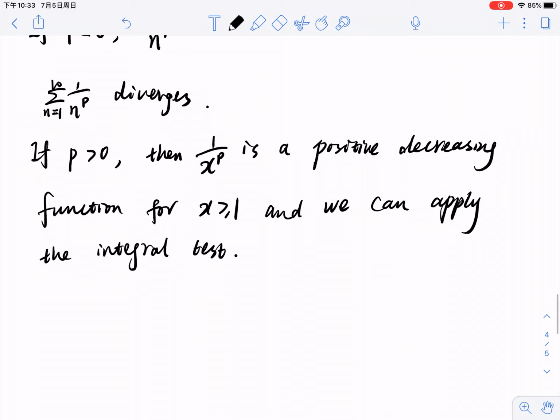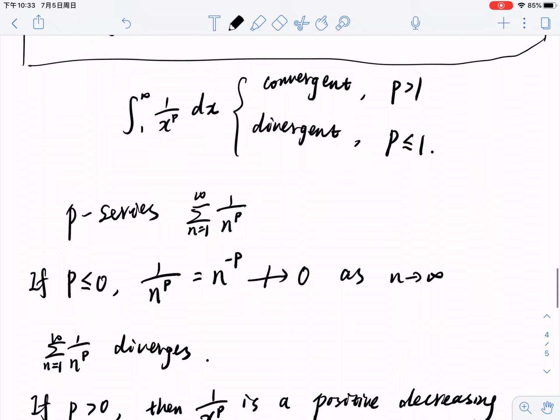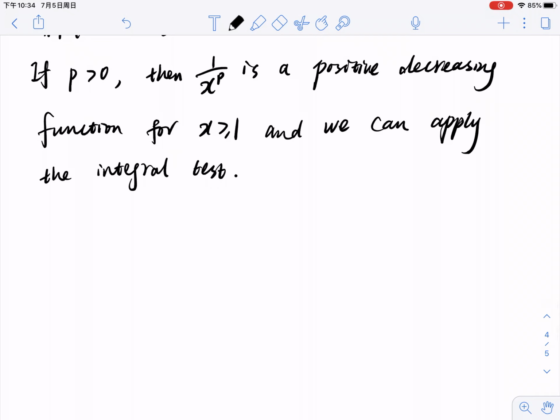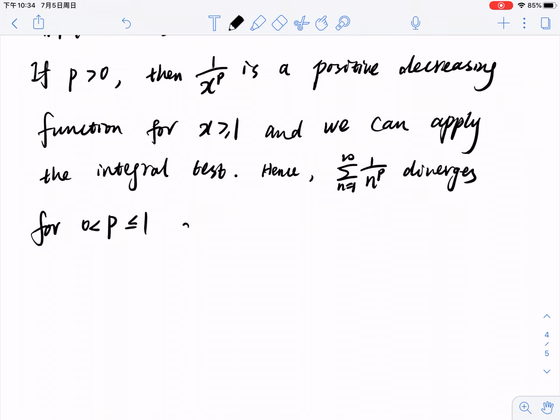Hence, the p-series diverges for p greater than 0 and less than or equal to 1, and converges for p greater than 1.